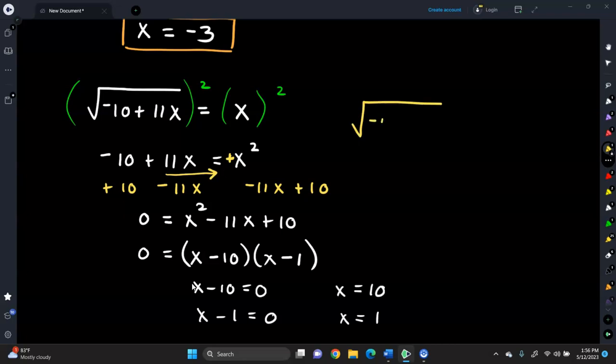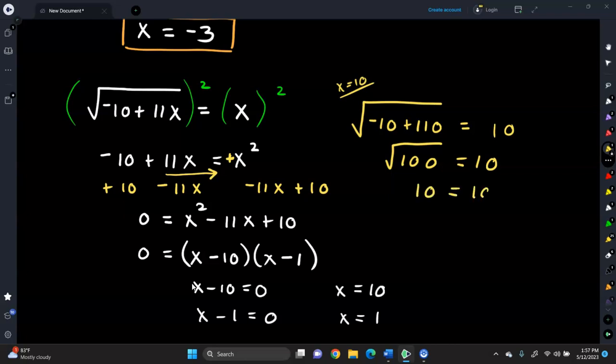So we have the square root of negative 10 plus 11x. I'm going to check the x equals 10 first. Negative 10 plus 11 times 10 is 110, equals 10. So this will give me the square root of 100 equals 10. And the square root of 100 is 10.